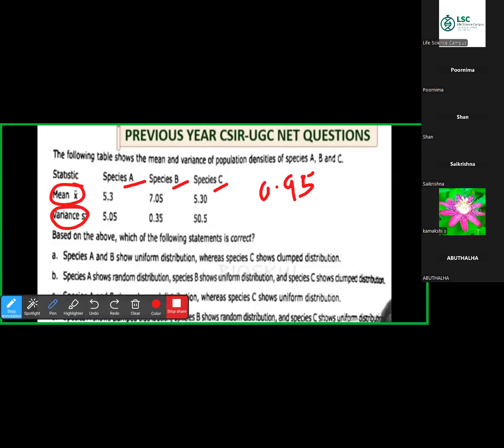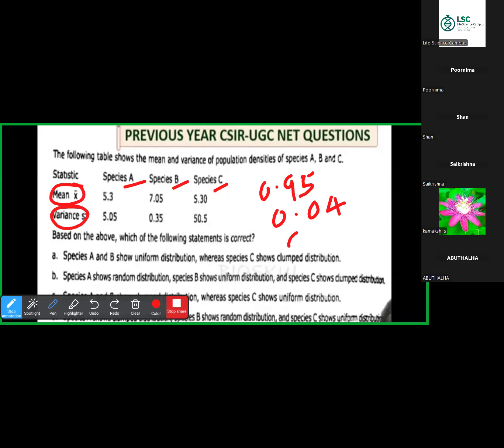For species B, it is 0.35 divided by 7.05. That is 0.04. Then for species C, it is 50.5 divided by 5.3.